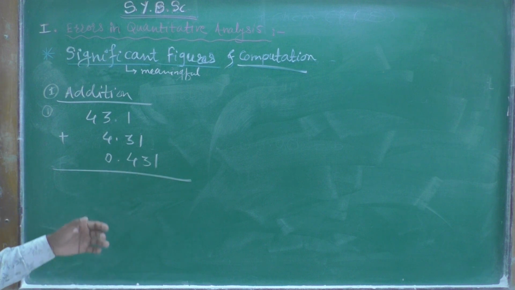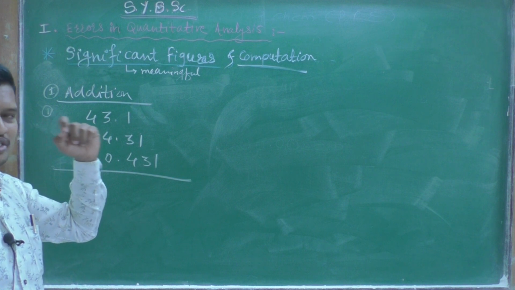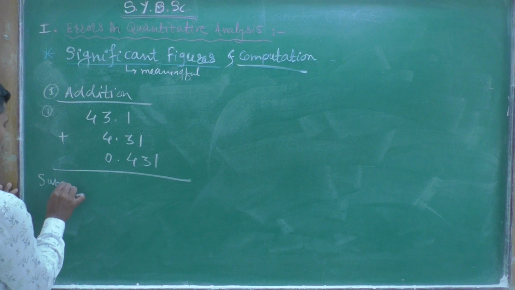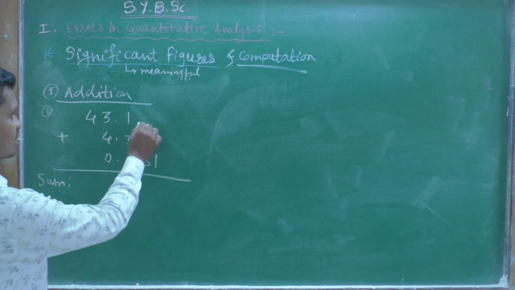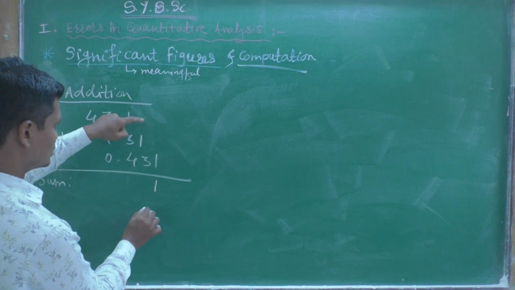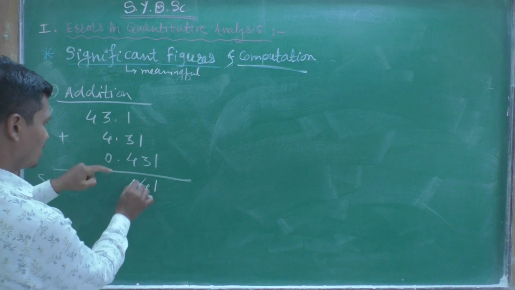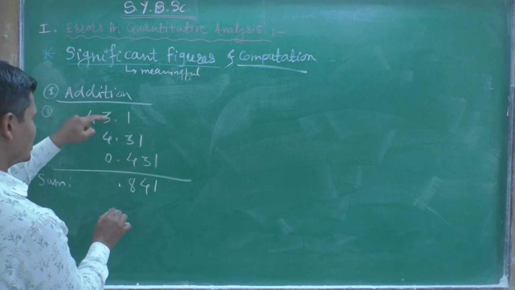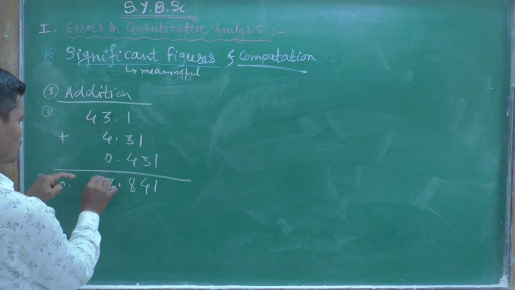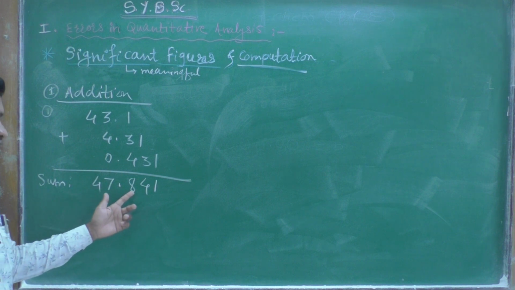Now if you use a calculator or your basic knowledge of addition, the sum of this, in your calculator you will get the answer 47.841.